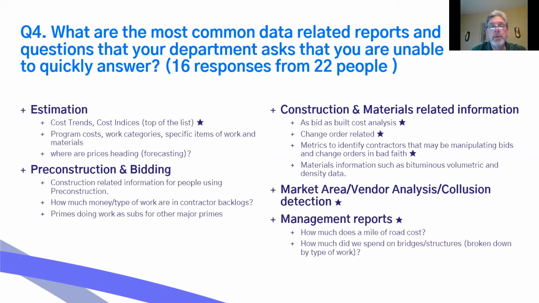In the pre-construction and bidding area, the first bullet is a great example of how data generated outside of a specific area of the agency could be used by a different area to enhance their work. And then I'll just tell you, I was allowed to tell one story, so this is my story.